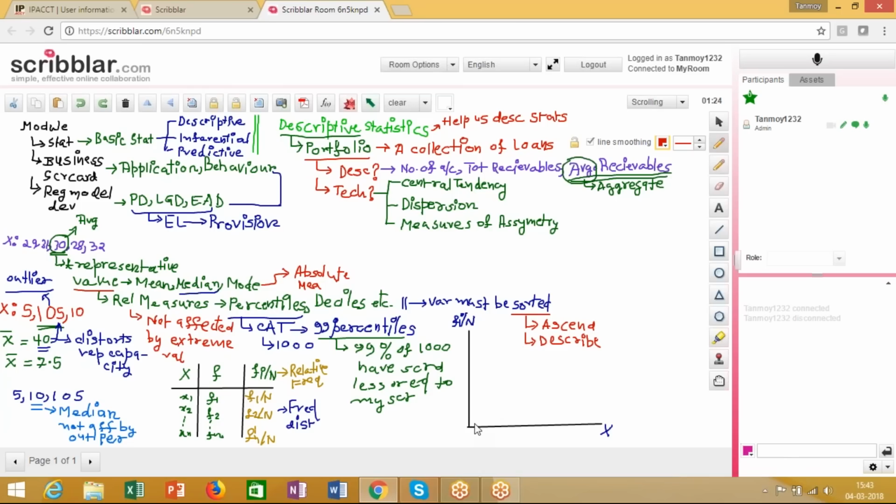As I plot these frequencies, what I'll get is a distribution, something like this. This is known as the relative frequency curve, or the frequency distribution curve. This is also known as the observed frequency distribution, because you are constructing it from the observed values of a variable. It is the observed frequency distribution or the observed distribution.